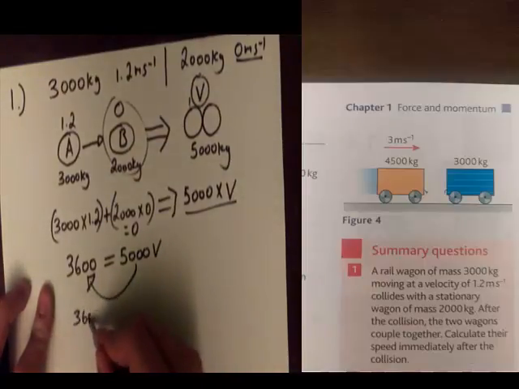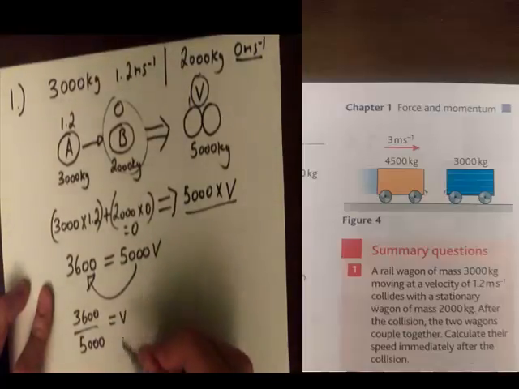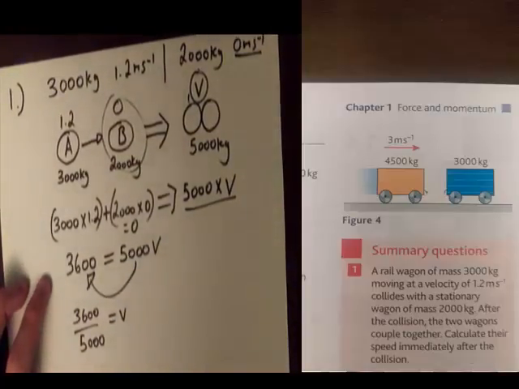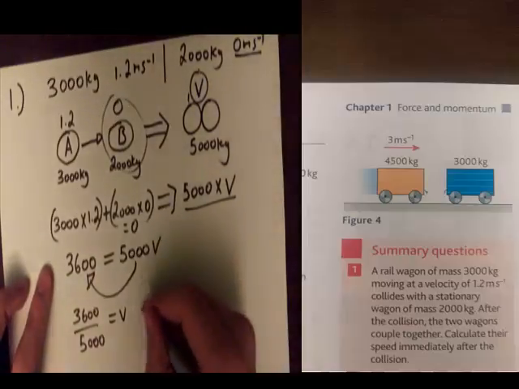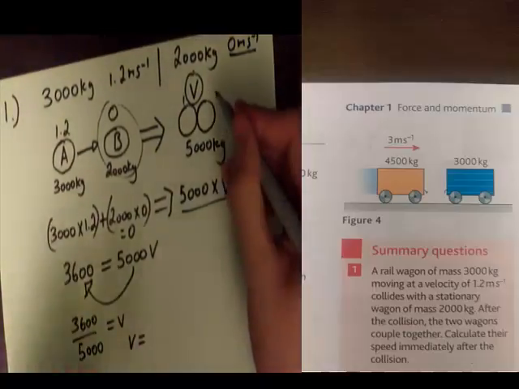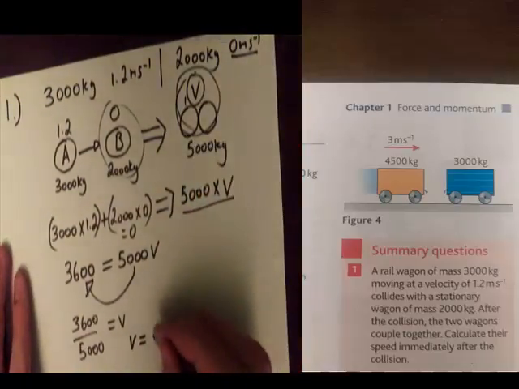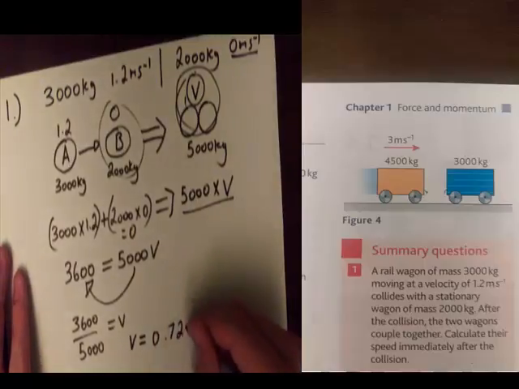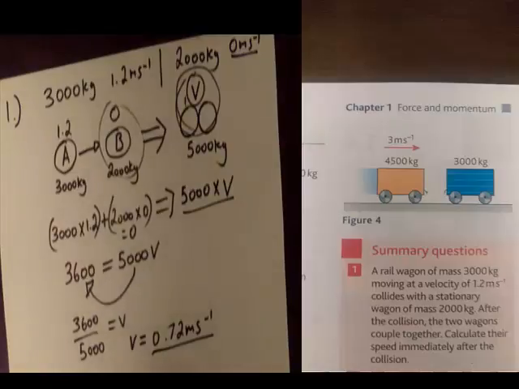So 3,600 divided by 5,000 will be equal to V. Now that will give us 0.72. So V, the velocity after the collision, will be 0.72 meters per second. So that's question 1.